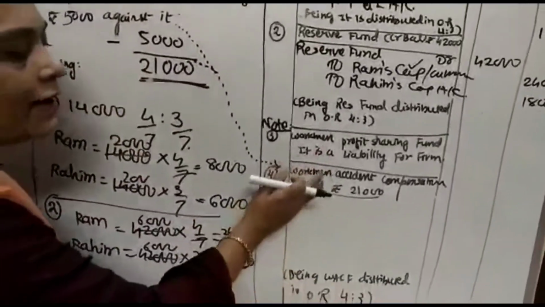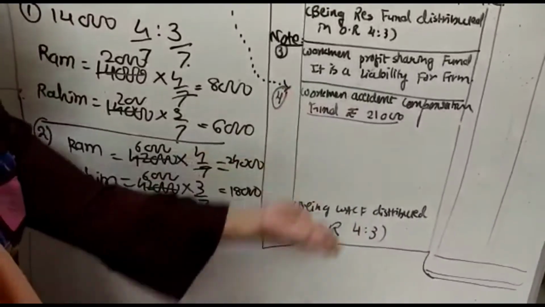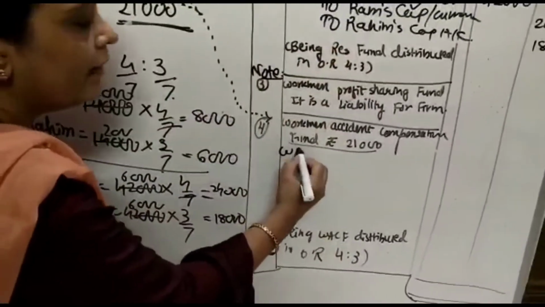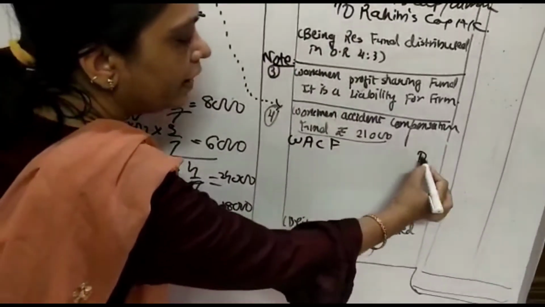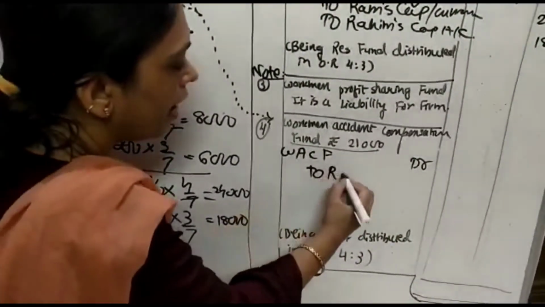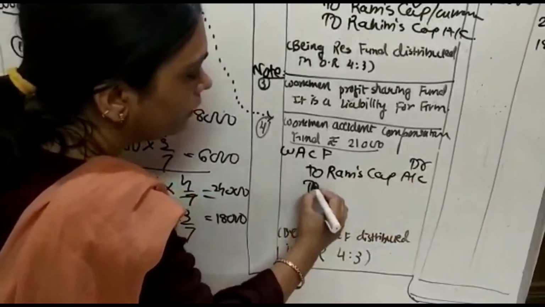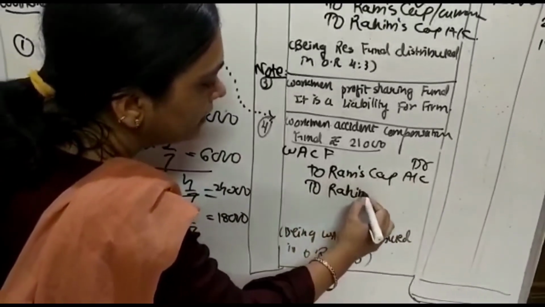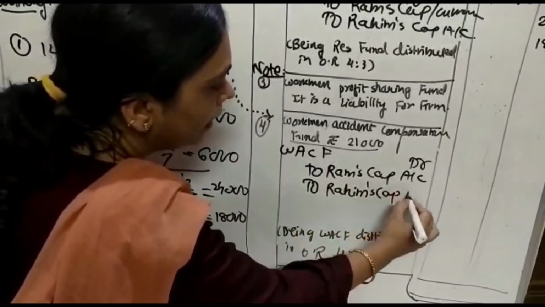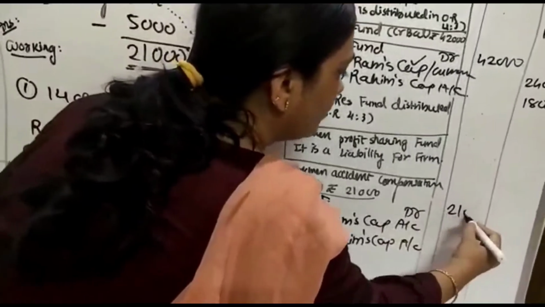So now I am going to distribute which figure? 21,000. This fund has a credit balance. To close it off, I am going to give the reverse effect, that is debit. So workman accident compensation fund account debited to Ram's capital account, to Rahim's capital account. What is that figure? 21,000.